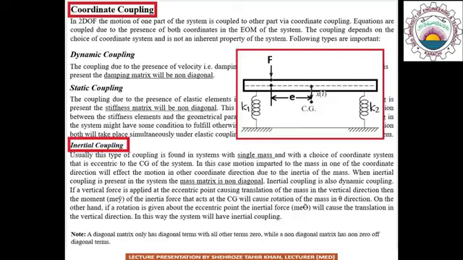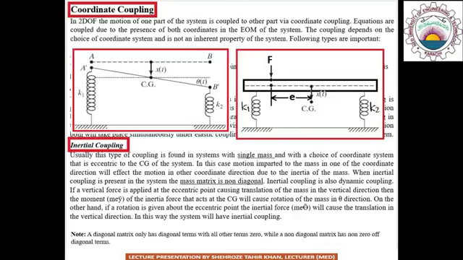So if the bar has a mass m, it undergoes two possible types of motions: one is the translation in the vertical direction, and the other is the rotational motion about its center point with angular deflection theta.